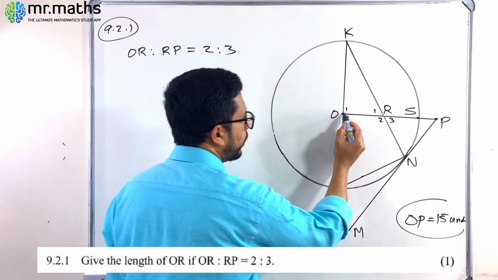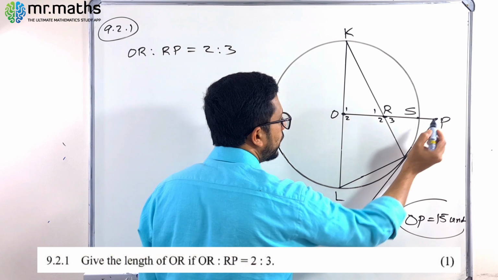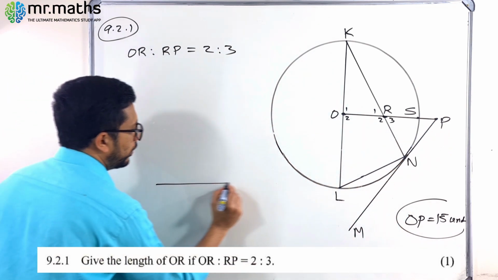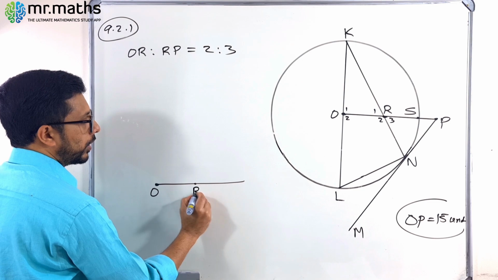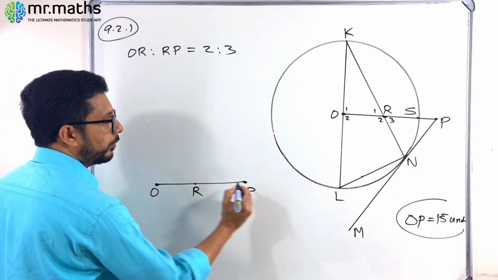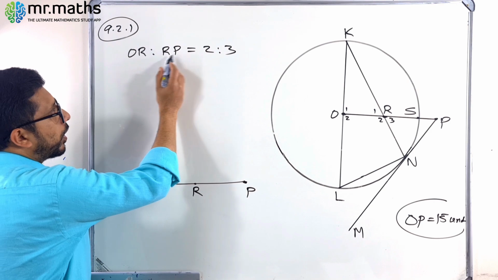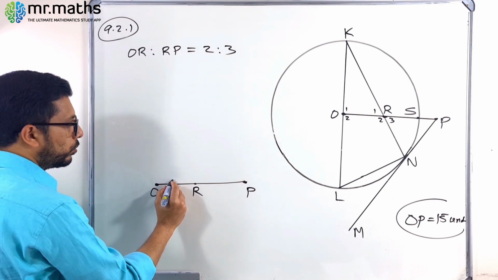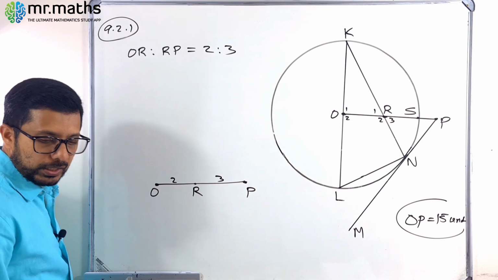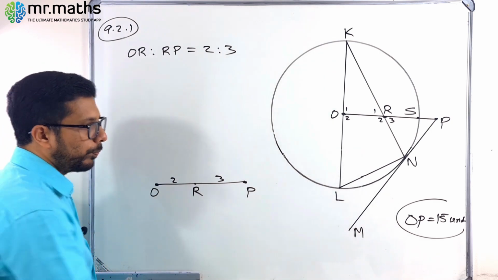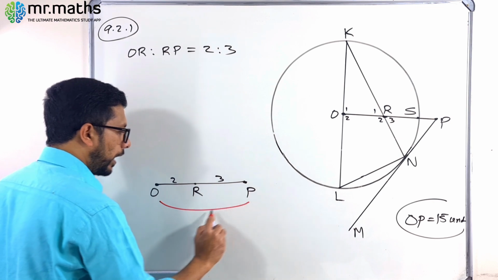This is the line OR, and this is from R to P. Let me draw that one. This is our point O, this is the point R and this is the point P. There is a point S in the middle. Now OR is to RP, the ratio is 2 is to 3. And what is the length of this OP? Look at the question. OP is given as the actual length.